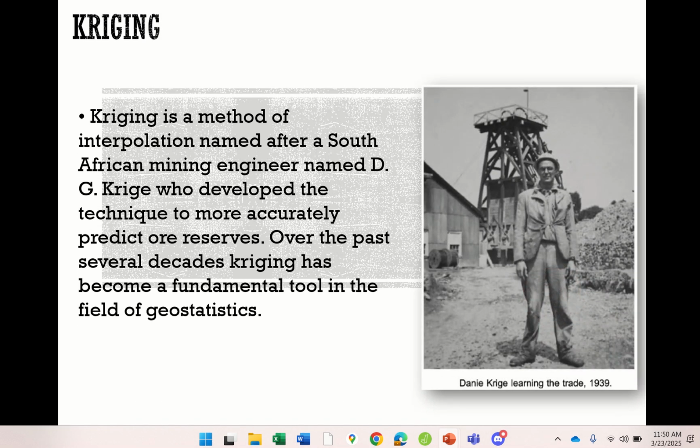Okay, so another geostatistical approach to spatial interpolation is what's known as kriging. Kriging was developed by a South African mining engineer well over 50 years ago, probably closer to, oh, there it is, 1939. So about 80 years ago.